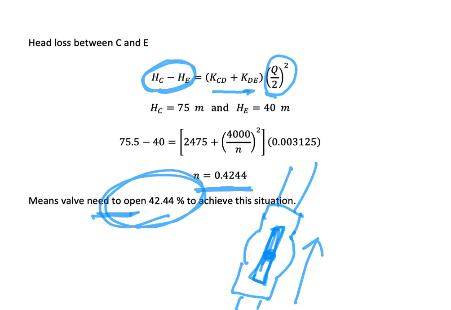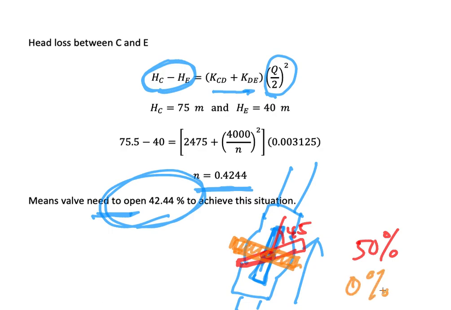But if you change the valve into this one, which might be 45 degrees, maybe the opening is 50%. And if you switch off the valve, you close the valve here, it means that it is 0% opening. So in this situation you need to open around 42% to achieve the situation. The situation here means making sure that the flow rate will go 50% to the left and 50% to the right.